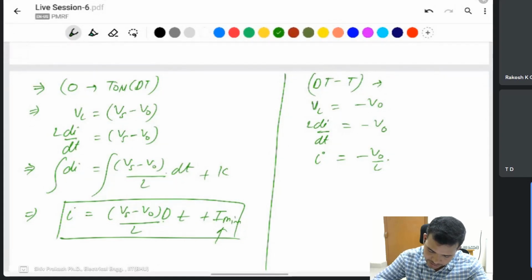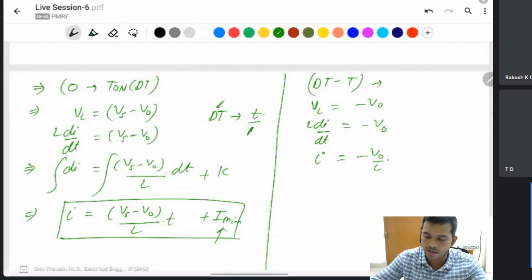I take d as a time t. If the time is not defined, then some time t will be increased and some time t will be decreased.